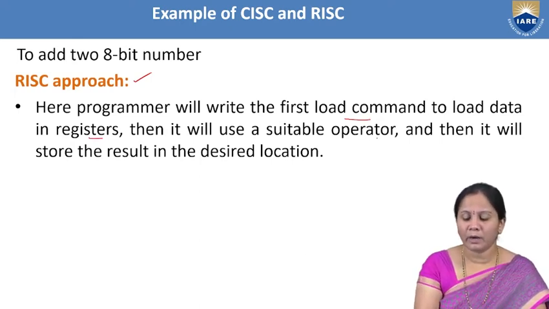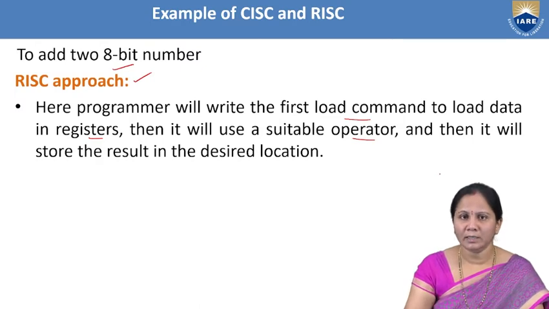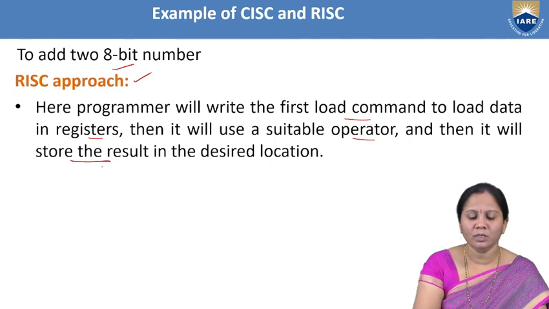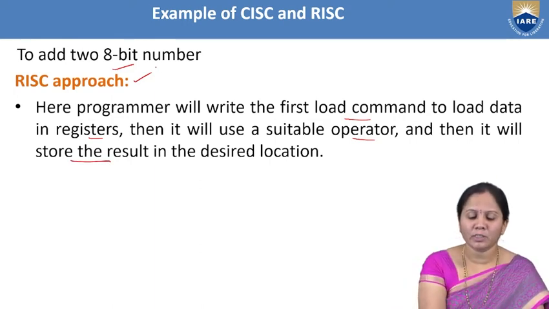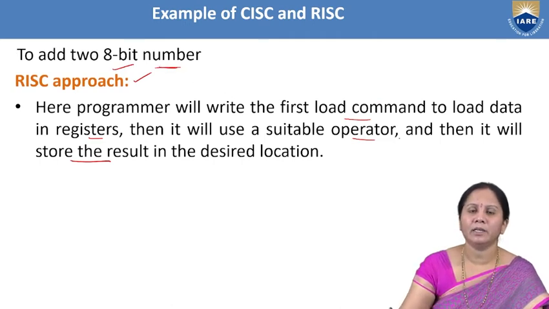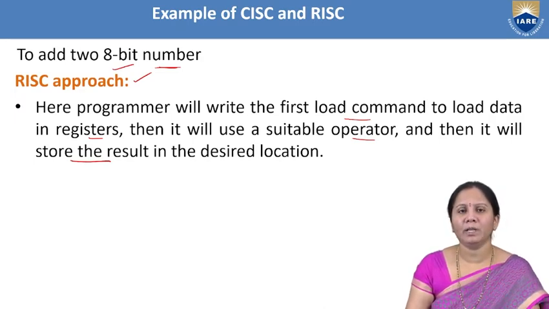Then we have to use the operator like add. After performing the operation, we get some result. Taking that result, it has to be stored in the desired location. So to execute the same 8-bit addition, you have to use commands like load, operate and store. But in the CISC architecture, there is only one command, add.